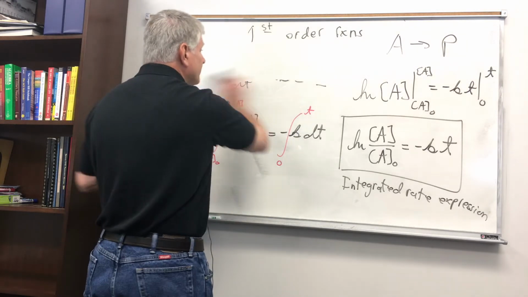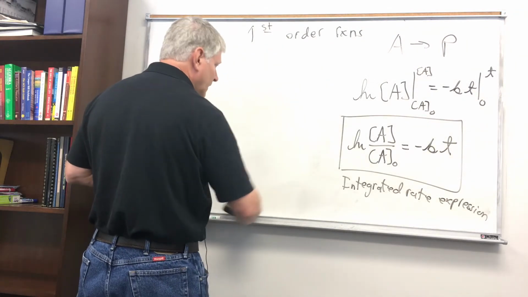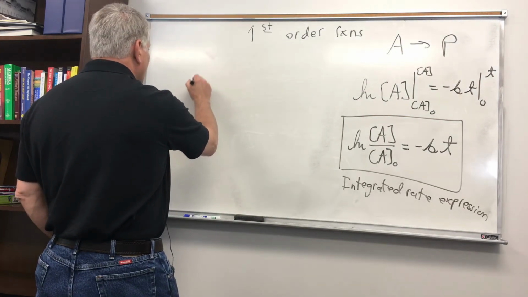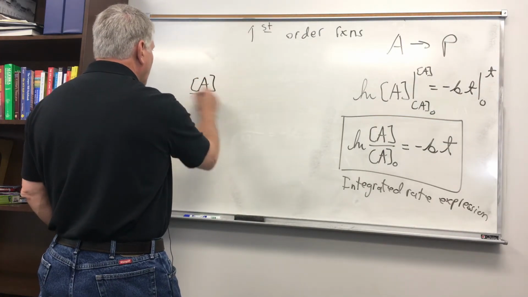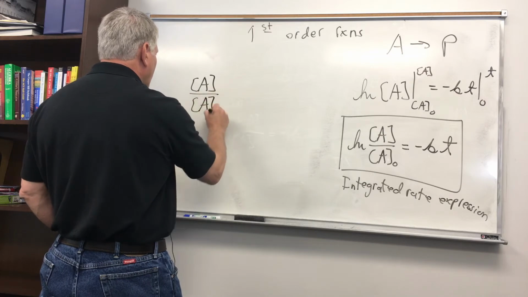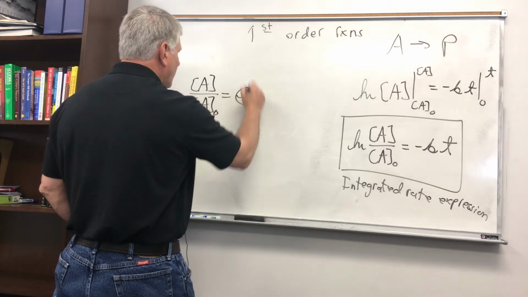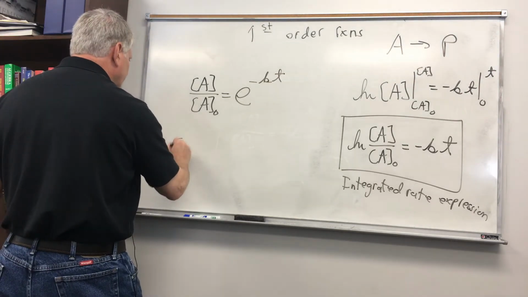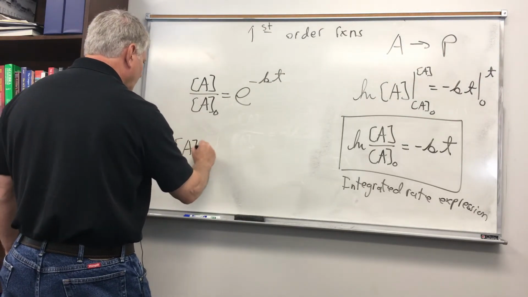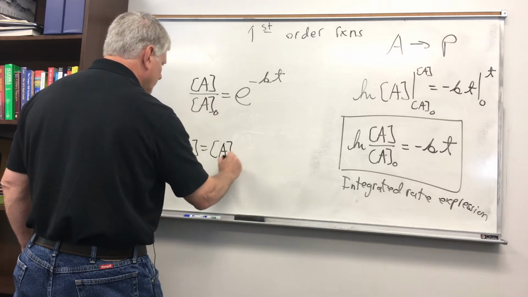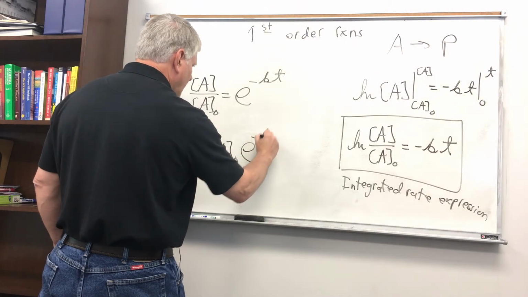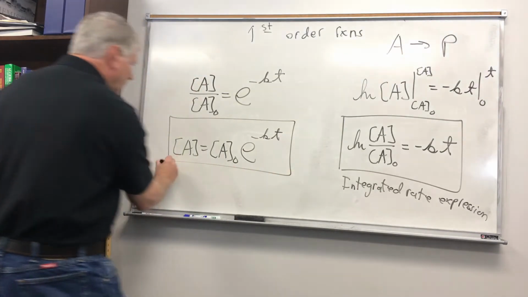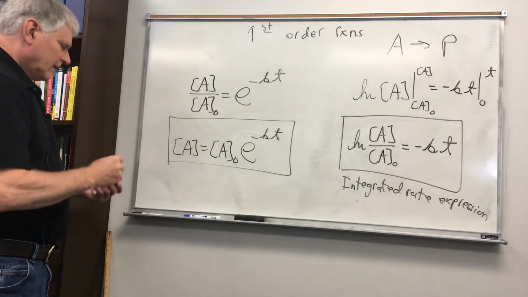Another form of this equation that is useful is I'll take the antilog of both sides, and then just solve for the concentration of A. So this is another useful form of the same equation.